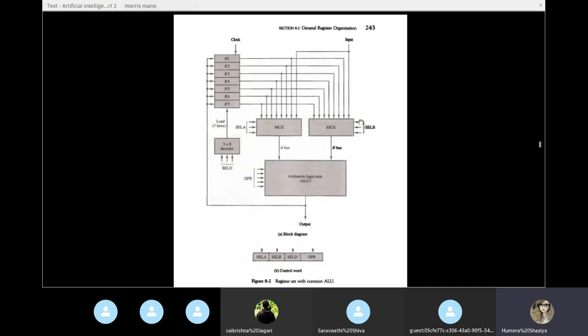For this multiplexer there are 3 selection input lines known as selection B.